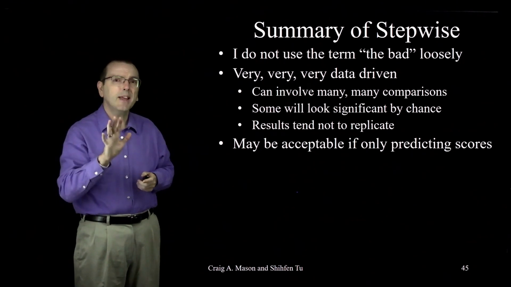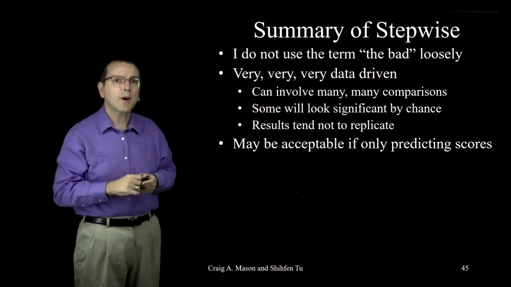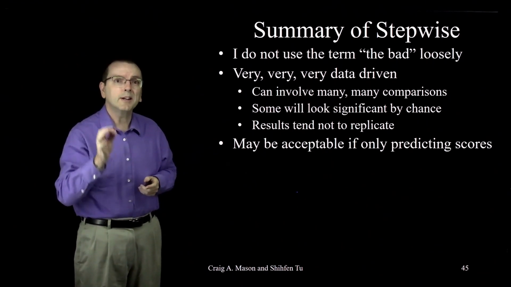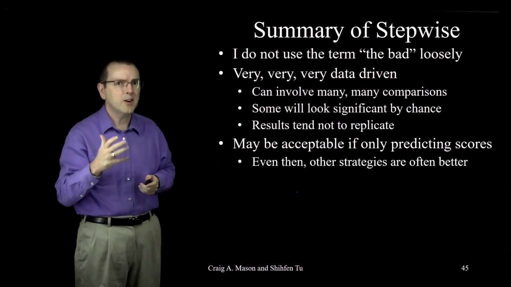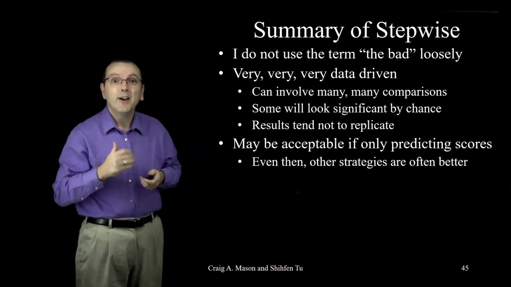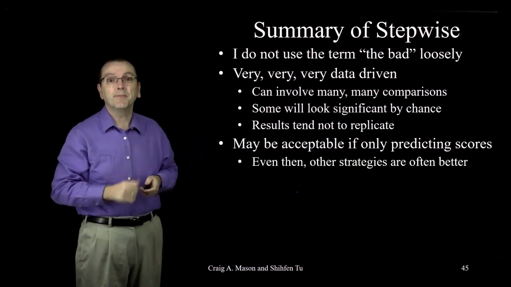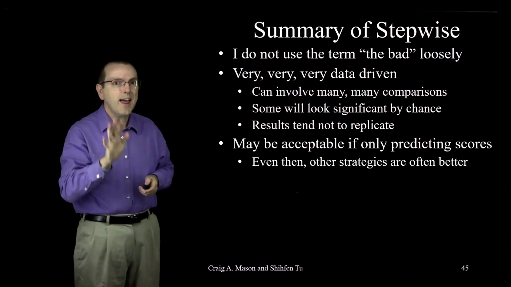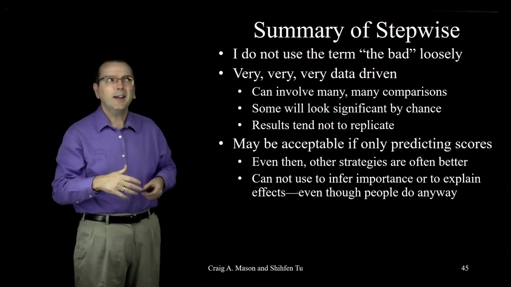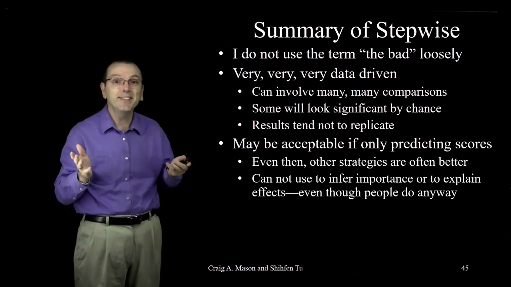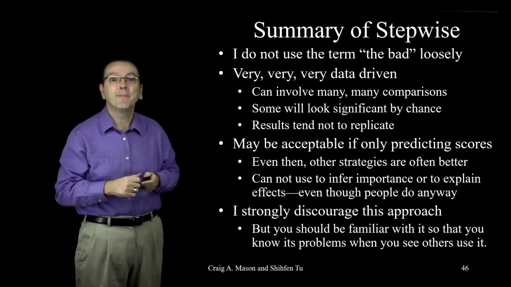Now, some say that you can use stepwise multiple regression if you're only predicting scores. But even then, there are other approaches that are better, and many methodologists, and I, would discourage using it. And you definitely can't use it to infer the relative importance of variables or explain effects, even though some do anyway.